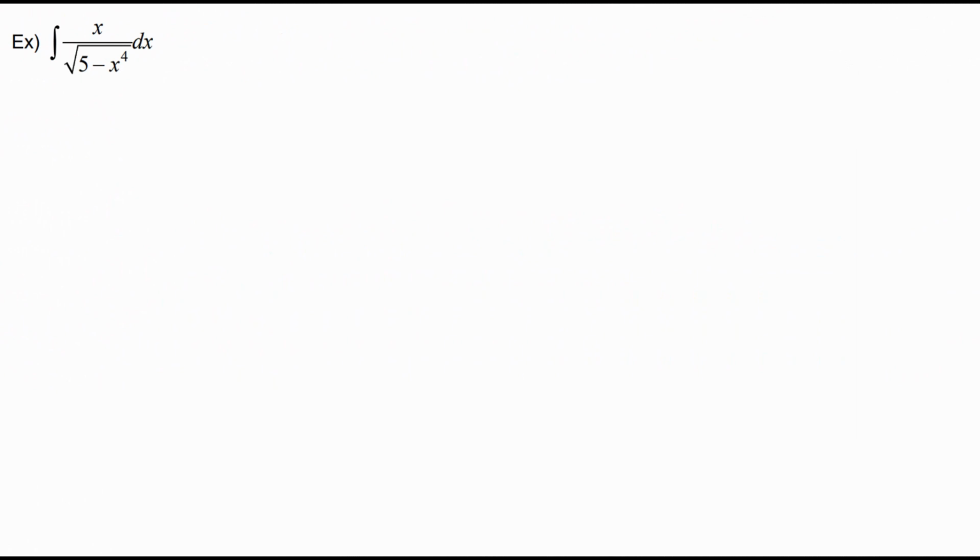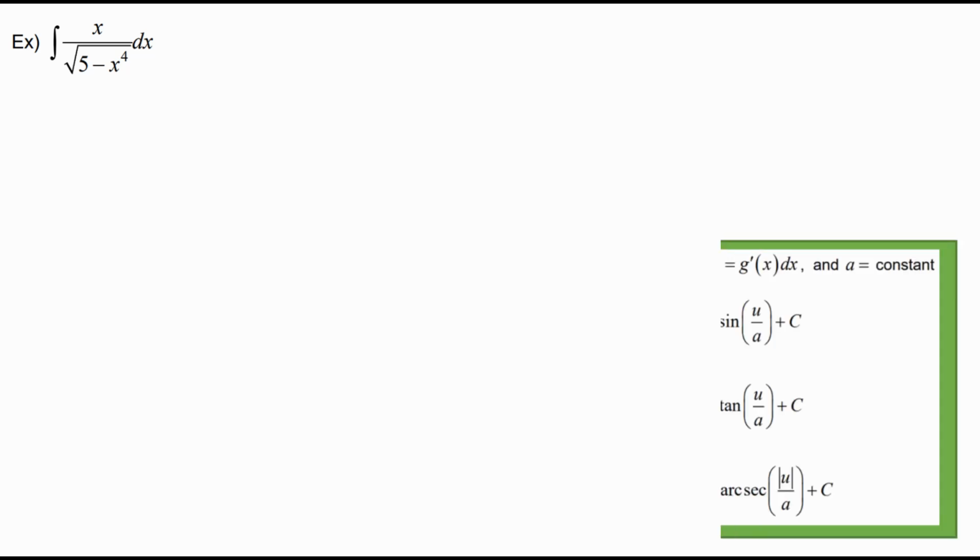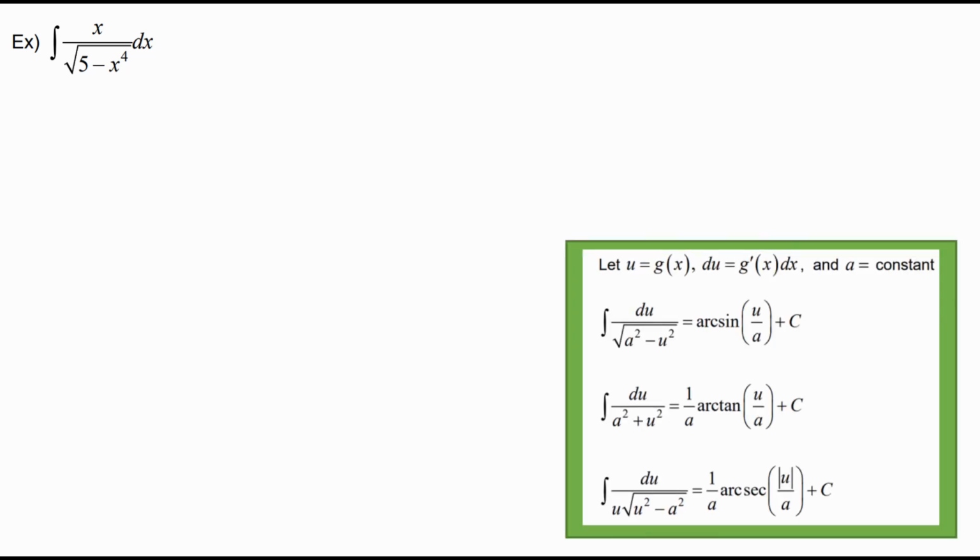Woohoo! Last question, guys. Integral of x over radical quantity 5 minus x to the power 4 dx. All right. This kind of looked like arcsine to me because arcsecant has another variable in front of a square root. Arcsine was du over square root of a squared minus u squared.